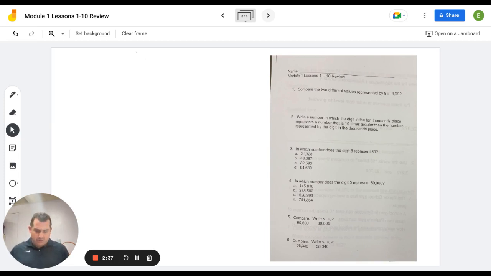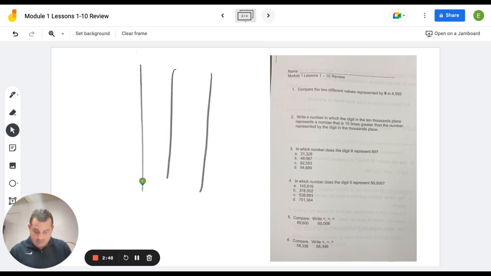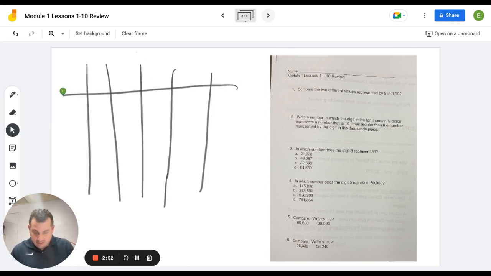I need to look at my place value chart, and I'm going to make one. I know it's a little sloppy. And go ones, tens, hundreds, thousands, 10,000s, and that's as far as I have to go right now.